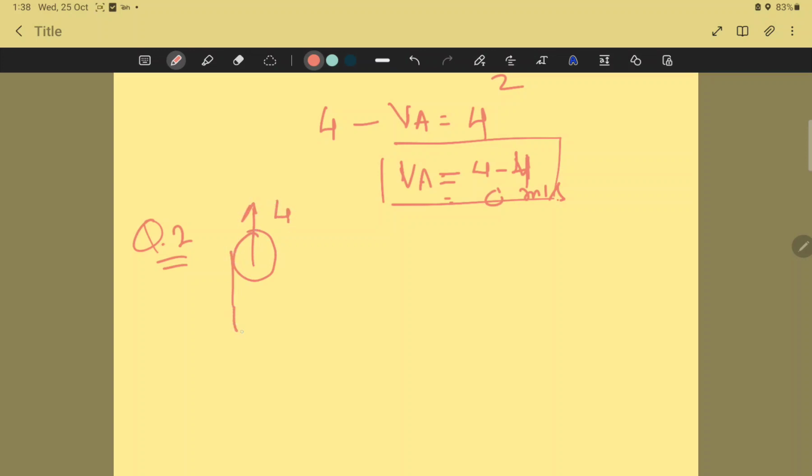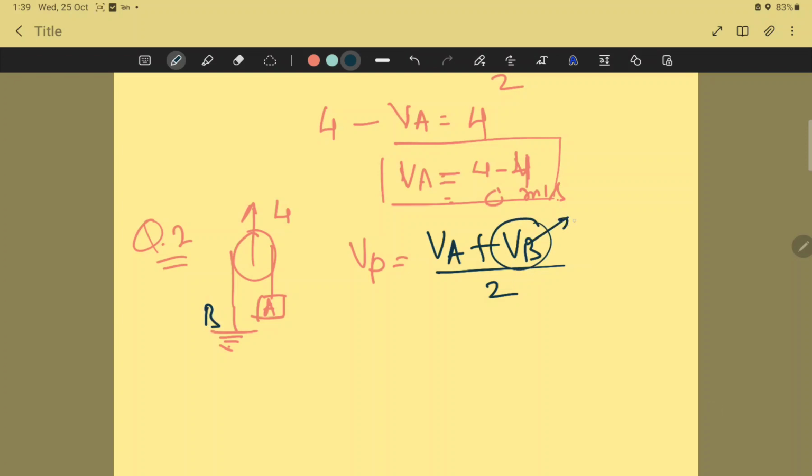Four meter per second and this remains fixed, and A we are supposed to calculate. So once again, Vp is equal to Va plus Vb divided by 2. Now this is point B. So Vb is 0 because the point is fixed, and let's take Vp.